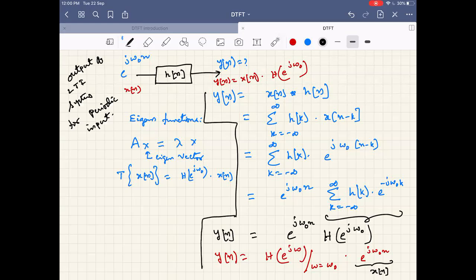Now this is referred to as the eigenfunction property of linear time invariant systems, similar to eigenvalues and eigenvectors in linear transformations.